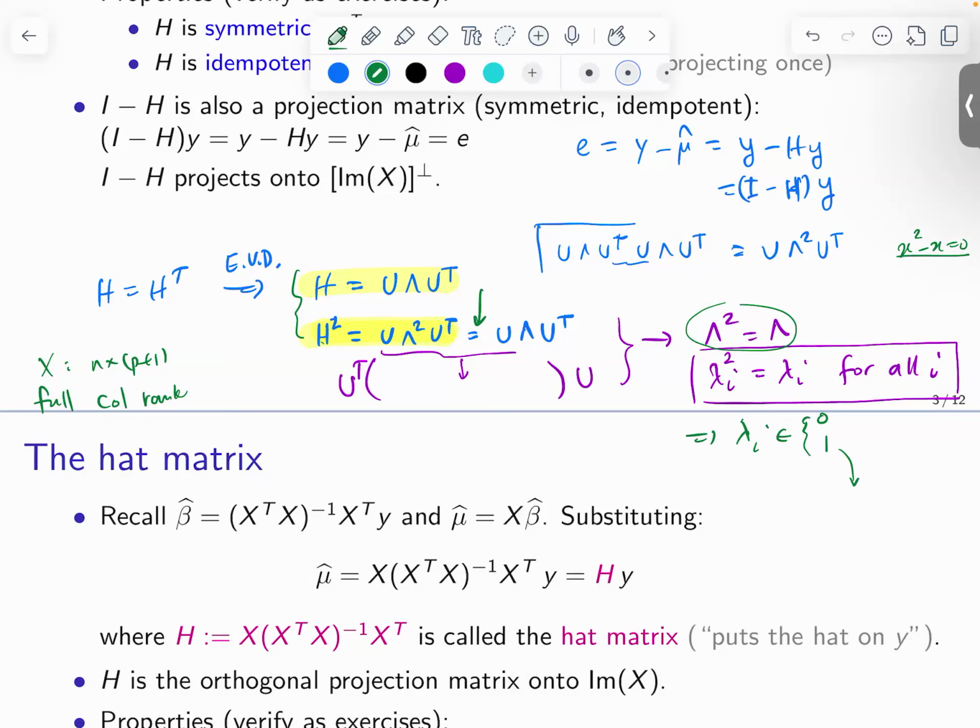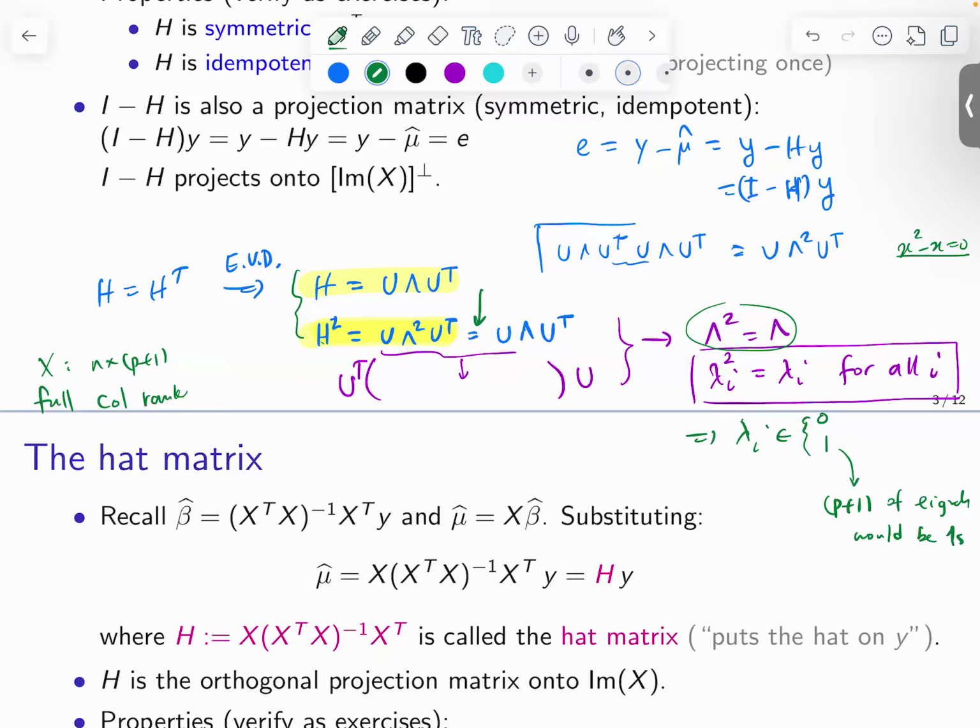So, yes, p plus 1 eigenvalues. The number of eigenvalues that are ones would be p plus 1. Yeah, eigenvalues are scalars, so exactly p plus 1, because the dimension of the image of X happens to be the dimension of the image of H, which means that it's the rank of H. So the rank of H is p plus 1.